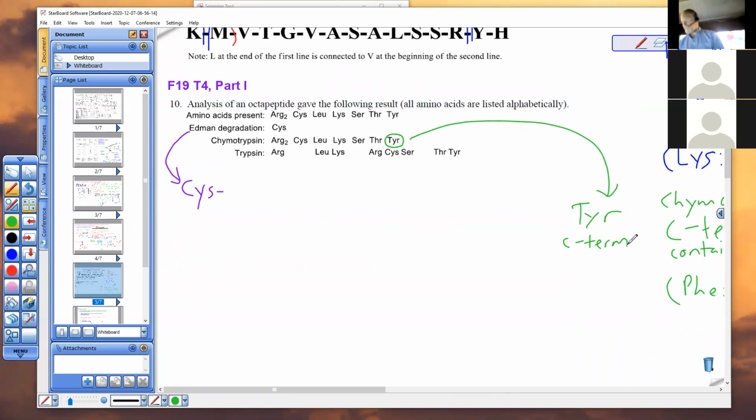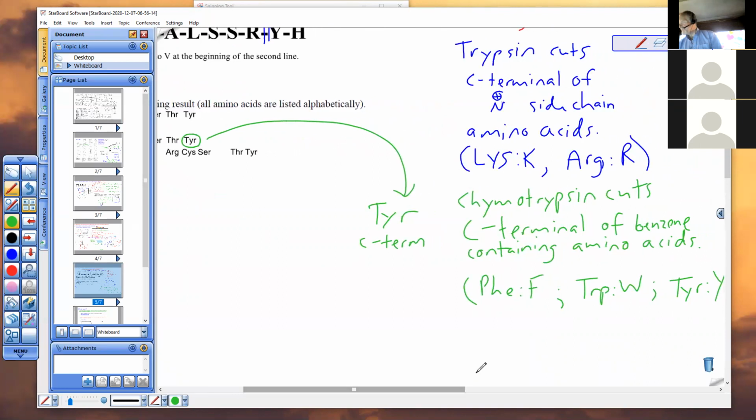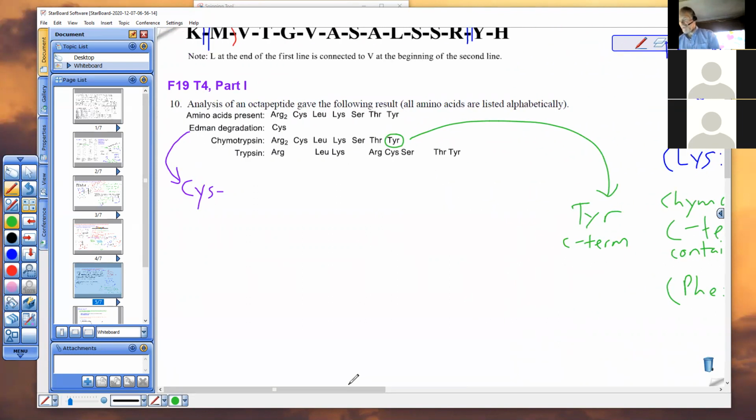Now remember, trypsin, C-terminal of the N plus is either lysine, Lys, or Arg. And here's how I do that for you, or for me, for you, for everybody. Lys has to be after Leu because Leu stayed with it.